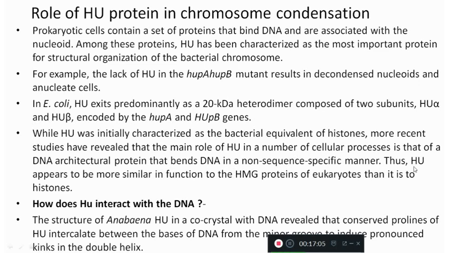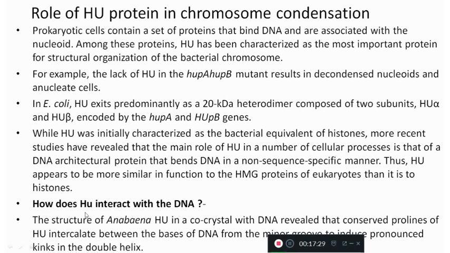Thus, HU appears to be more similar in function to HMG proteins of the eukaryotes than it is to histone proteins. More closely related to histone proteins are the HNS protein and the IHF protein, while HU proteins seem closer in characteristics to HMG proteins of eukaryotes.